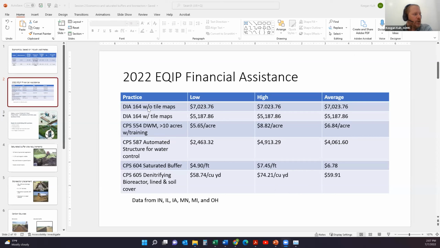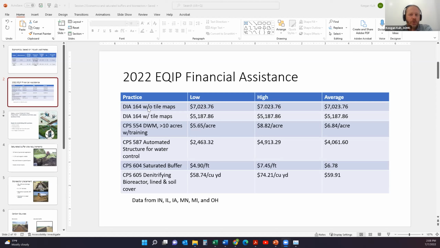Price-wise right now, that might change over time. And once again, if anybody on the NRCS side wants to jump in and correct me, feel free to do that. But without tile maps, they're looking at about $7,000 per design. With the tile map, it's just over $5,000 per design. And I think that includes construction oversight.